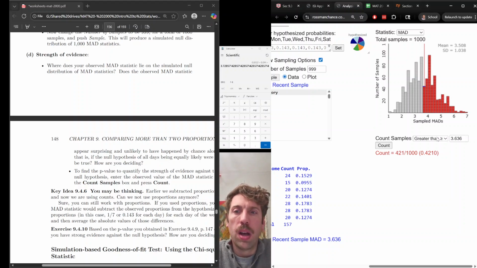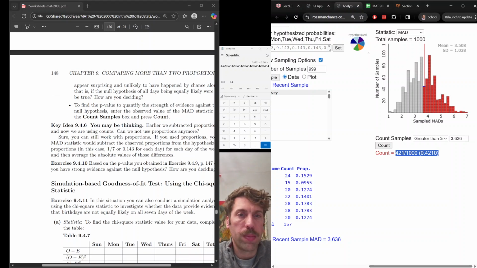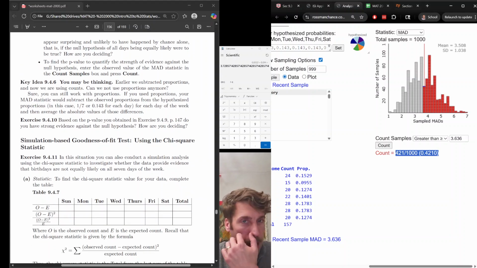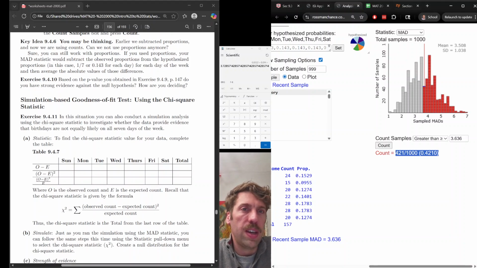So, count samples and press count, and then present that number. So I've got a p-value of 0.4210. Now, so let's see, there's a key idea there.